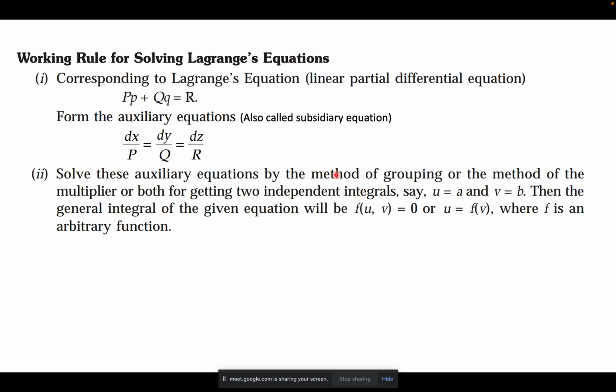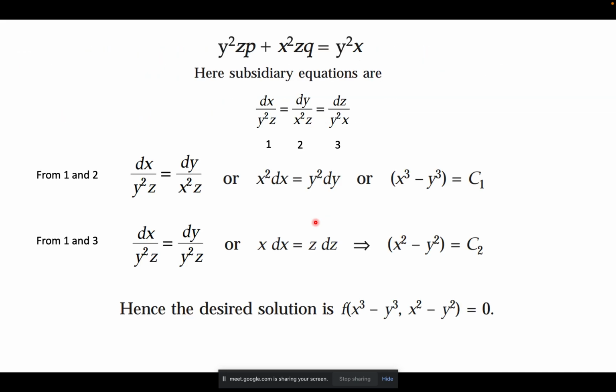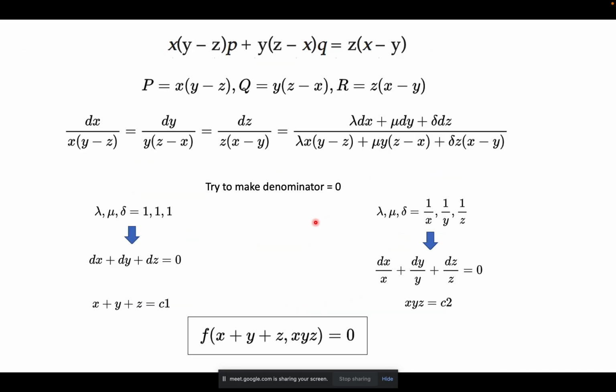So here I again gave you some flavor of how to solve the first order partial differential equation by using Lagrange's equation. And I hope it's actually very easy. You just need to write the subsidiary equation, and then you just use the method of Lagrange multiplier if they are not separable, or if they are directly separable, then it's very easy to form the partial differential equation.